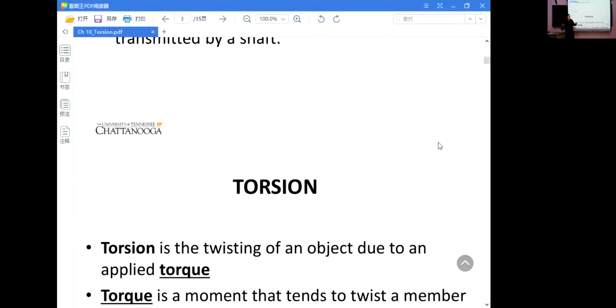If we know how to find the stress for the shaft, we can determine whether the member is safe or not.